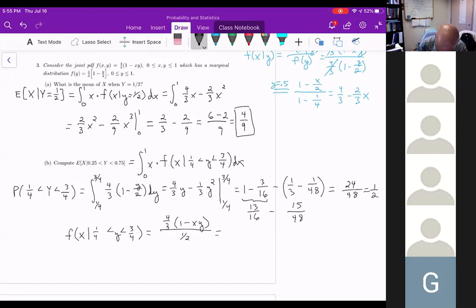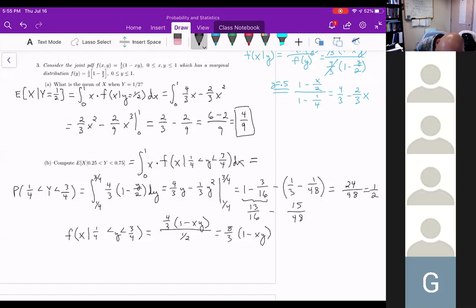Or we get simply 8/3 times (1 minus xy). So now we can substitute this in and we could solve. So I'm going to put that up here, even though I'm going to have to work on the bottom.